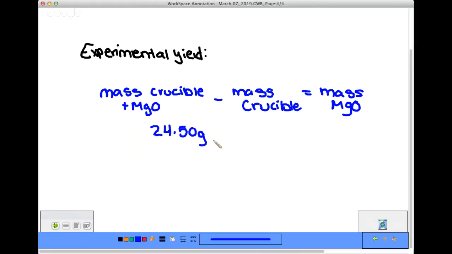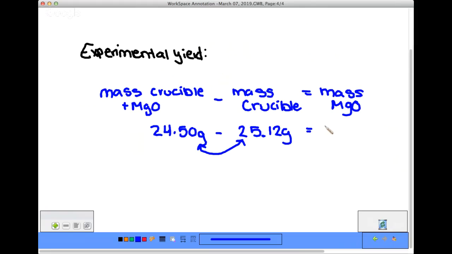So we have 24.50 grams minus 25.12 grams. Let me just do 24.50 minus 25.12. And whoops, I should have flipped these values. Sorry, you guys.